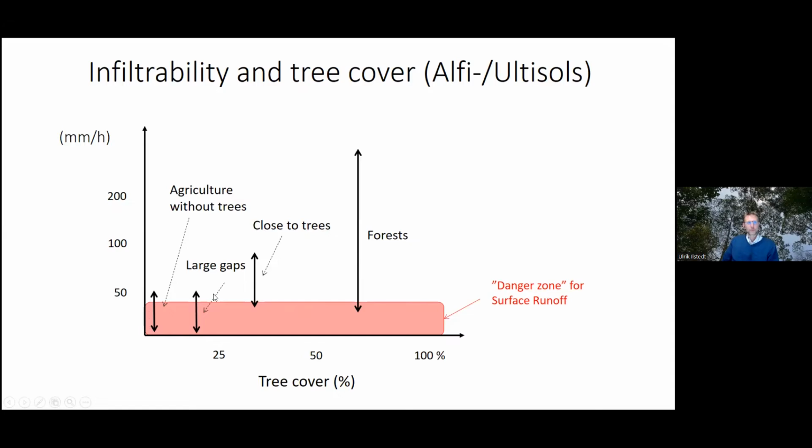When we are close to trees, like here, then we have higher infiltration capacity. And if we are far away from trees, then we have lower infiltration capacity. And these infiltration capacities, the lower one, where we don't have the trees, are often lower than the rainfall intensities that we have.